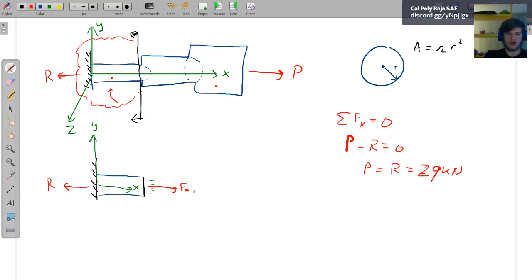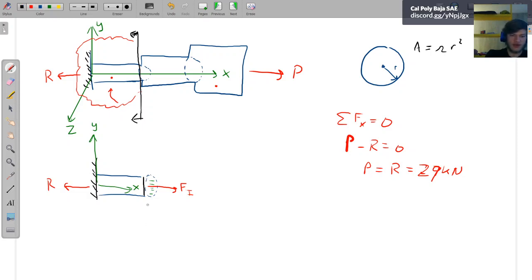Let me make it more legible. Fi. I have some internal force here that's reacting to this. And I know that I have an area here that this material is letting me apply that internal force over. You probably think, okay, I've got some internal force applied over some internal area. That is a stress.